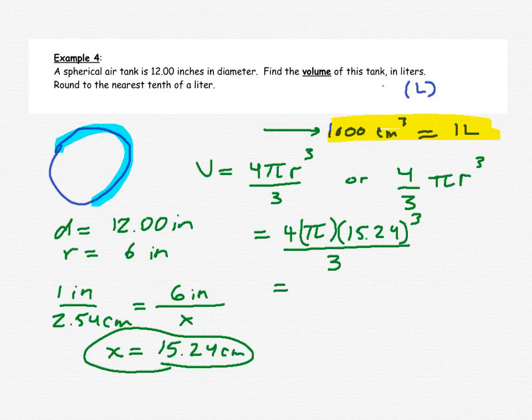And you're going to get an answer of 14,826.66 cubic centimeters.